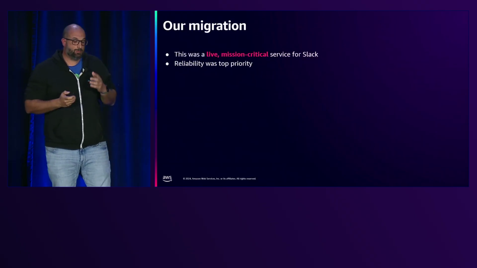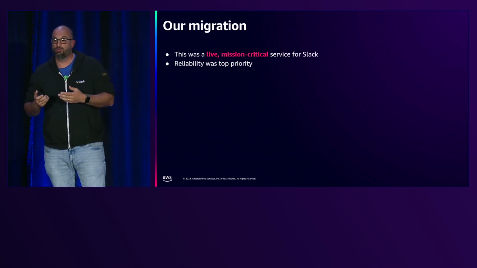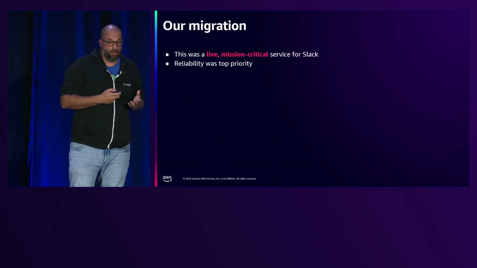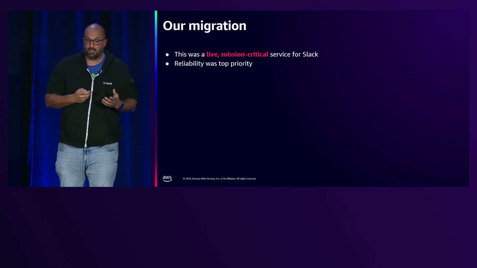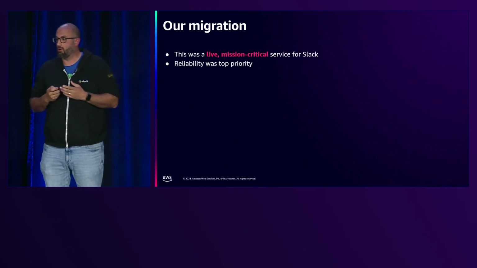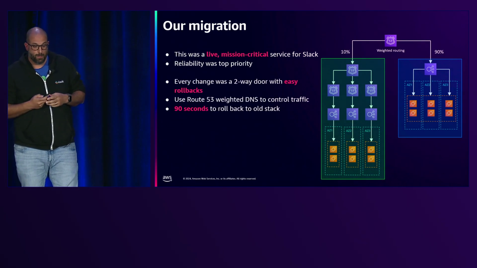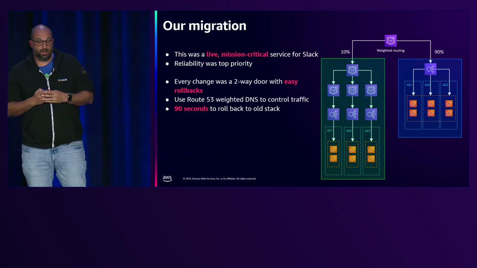So now let's touch base on our migration process from our multi-cluster environment to our new cell-based platform. This migration was done against a live, production, mission-critical service for Slack. And as such, reliability was a top priority in every change and decision we made. All changes had to be two-way doors with easy rollback.